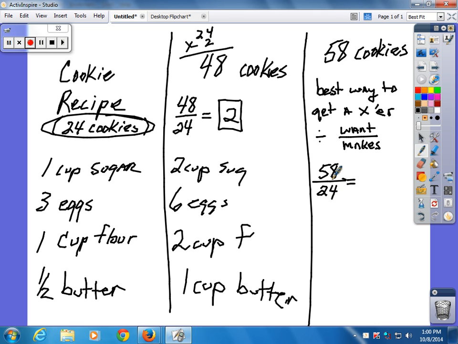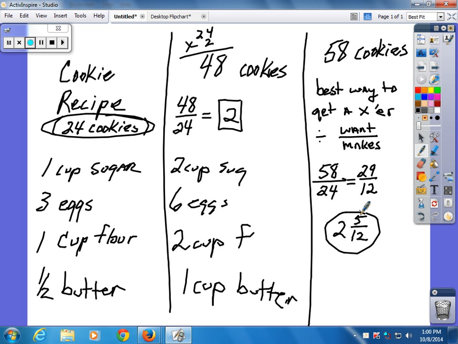Both of these are divisible by 2, that'd be 29 over 12, y'all check me. And 29 over 12, that's almost 1.5, you're about right. Take that 12, divide it in there, 2 and 5/12. I'm sorry, 2 and 5/12, I don't know what I'm thinking of.